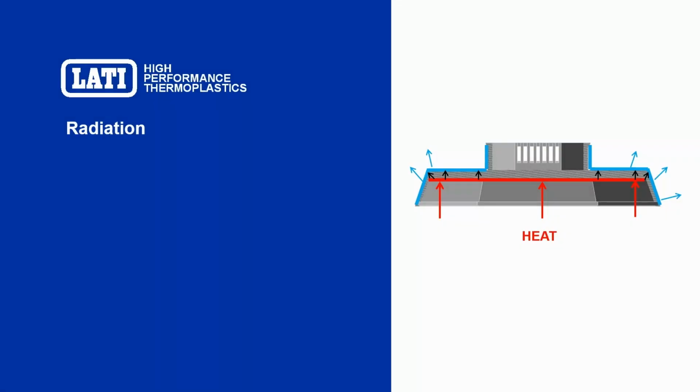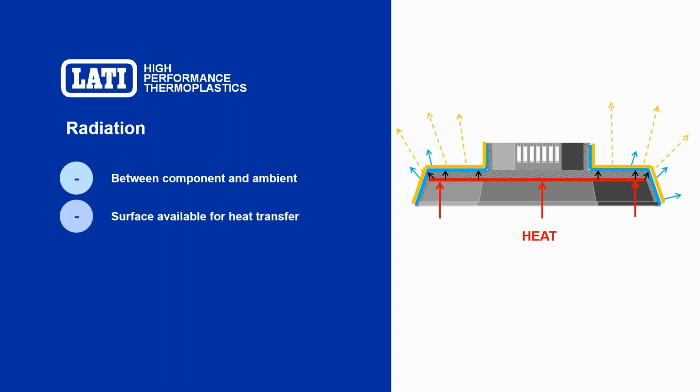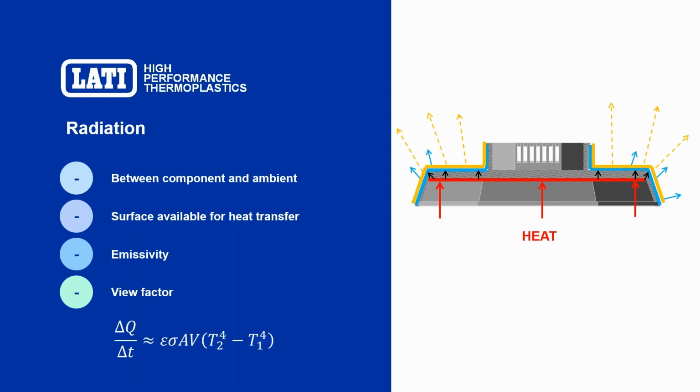Moving to the last mechanism, radiation. It works like convection, between component and ambient. Here it's represented by the orange area. It depends again on the surface, how wide the surface available for heat transfer is. It depends on a parameter which is called emissivity and on a geometric view factor.